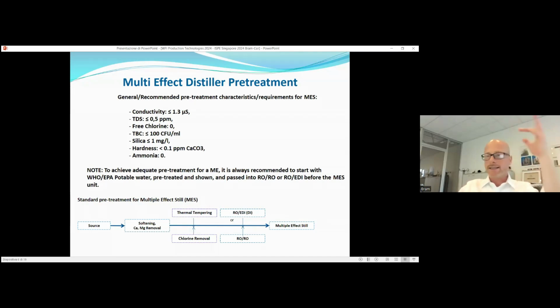So let's say calcium and magnesium removal, chlorine removal, thermal tempering, and then all the filtration or dosing station that are required. Then we can have either a double pass RO or a single pass plus electrodeionization, and then we can go to the multi-column distiller, multiple effect distiller. So we are practically providing a complete system for PW generation as per use.